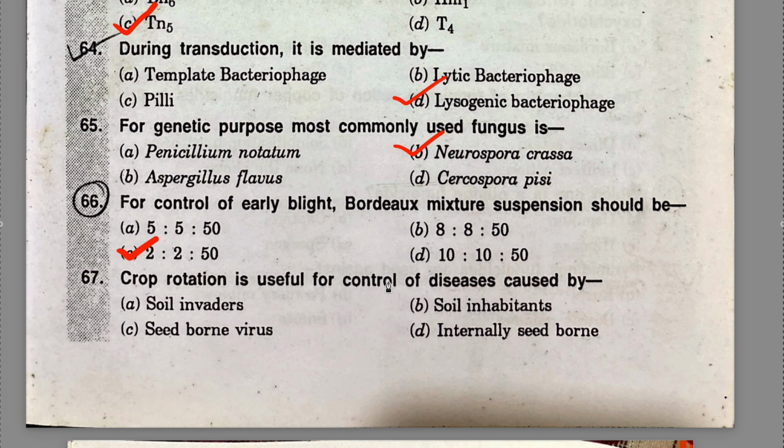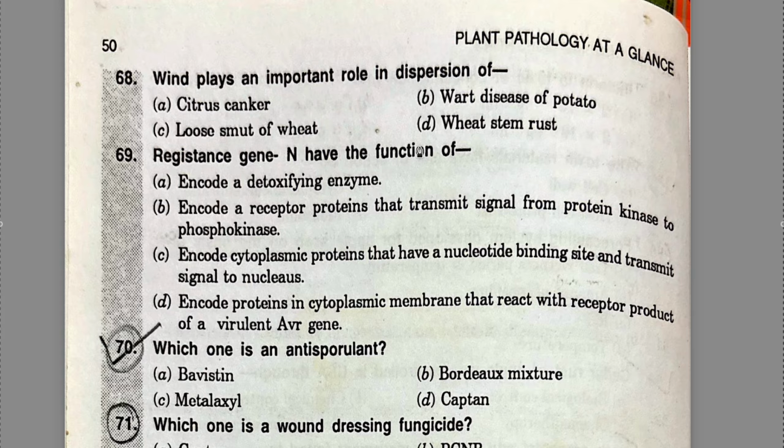Question 68. Wind plays an important role in dispersion of citrus canker, late blight of potato, loose smut of wheat, or wheat stem rust. Answer is wheat stem rust. 69.